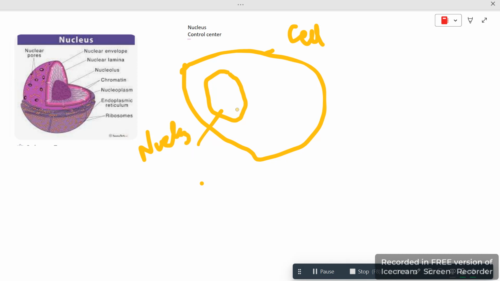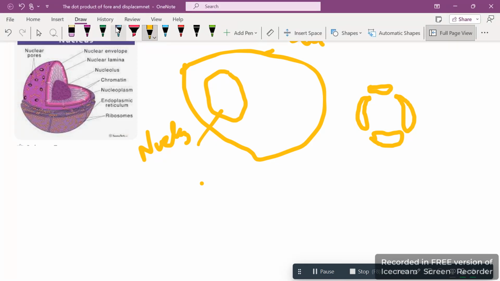Then we know that this nucleus is having two membrane layers. How? The nucleus structure is literally like this. These are equal, but I did not make it perfectly, but still you need to get the concept. So yes, this is the structure.